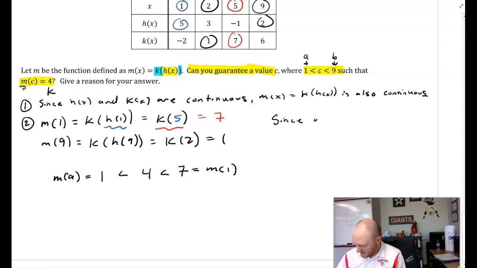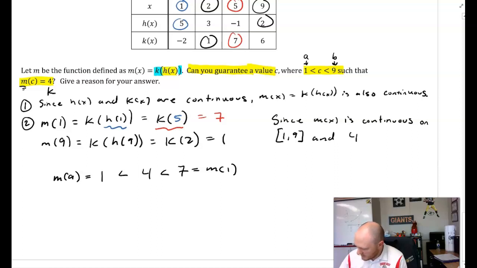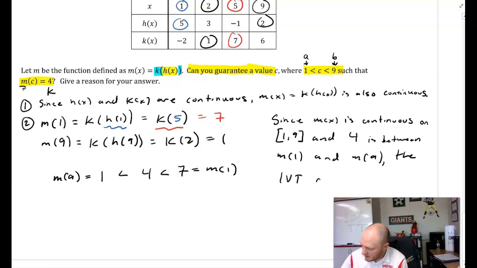So I say, since m of x is continuous on 1 to 9, and 4 is between m of 1 and m of 9, the IVT guarantees what? What did they want?